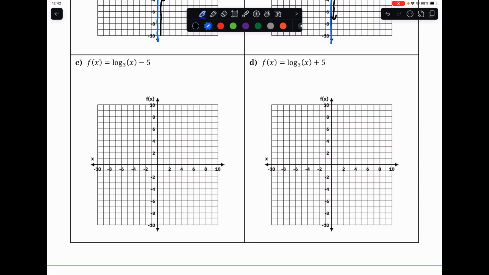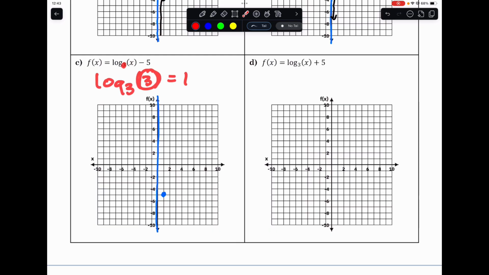Let's check your answers now. So for this example, letter C, our vertical asymptote will be here at this position. The x-intercept of (1, 0) is going to move down 5 units. So 1, 2, 3, 4, 5. So right here. And because the base is 3, that means that log base 3 of 3 equals 1.